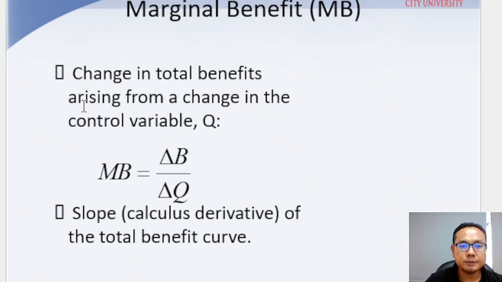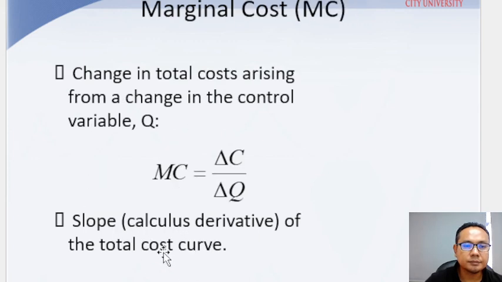Marginal benefit refers to the additional benefit that arises by using an additional unit of the managerial control variable. So it is the change in total benefit arising from a change in the control variable. Marginal benefit equals the change in benefit divided by the change in quantity, the slope or calculus derivative of the total benefit curve.